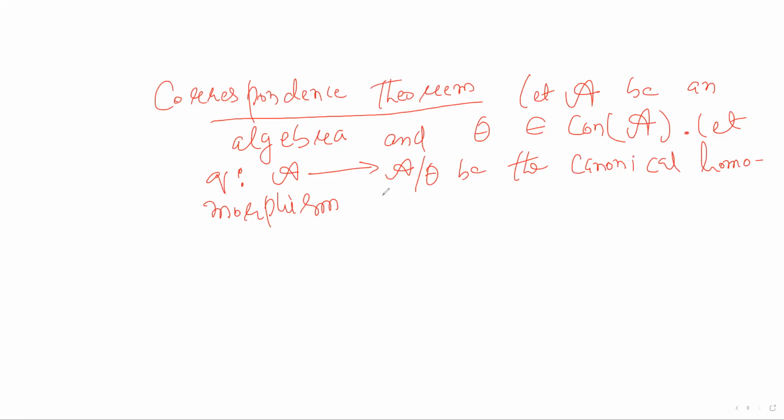Then the induced homomorphism Q forward arrow. We have already defined these types of maps previously.